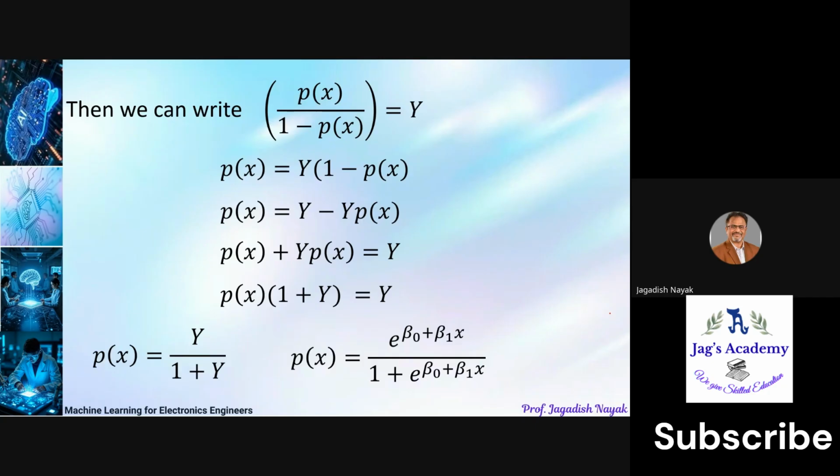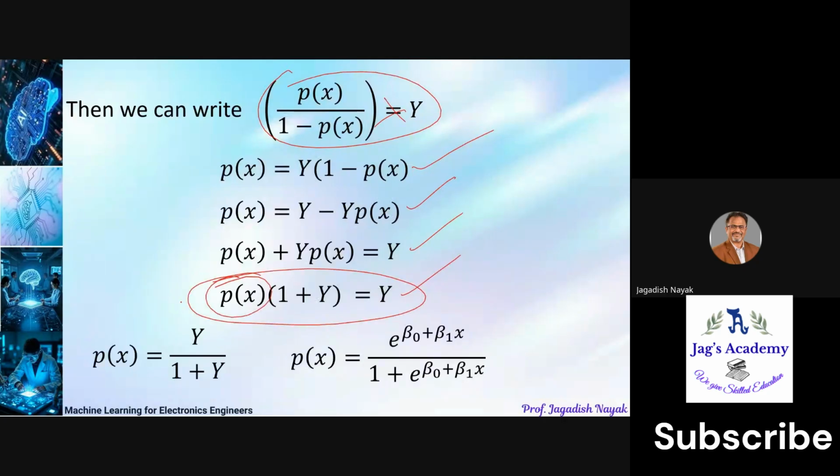Then we can write this equation as p of x equals y into 1 minus p of x. Simplify for y, and then simplify to find the probability p of x.